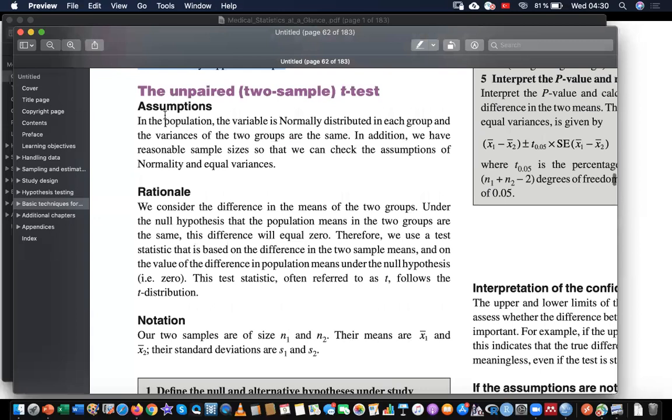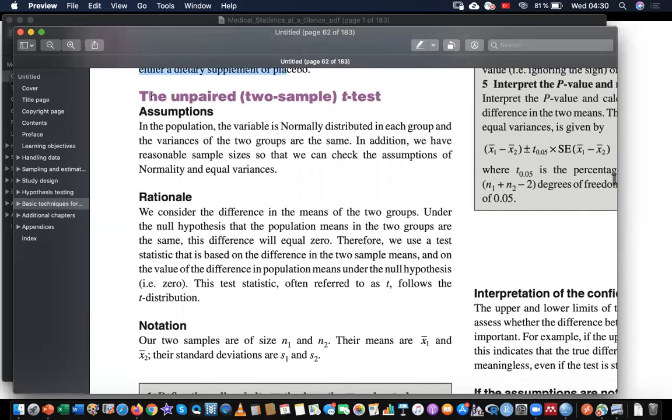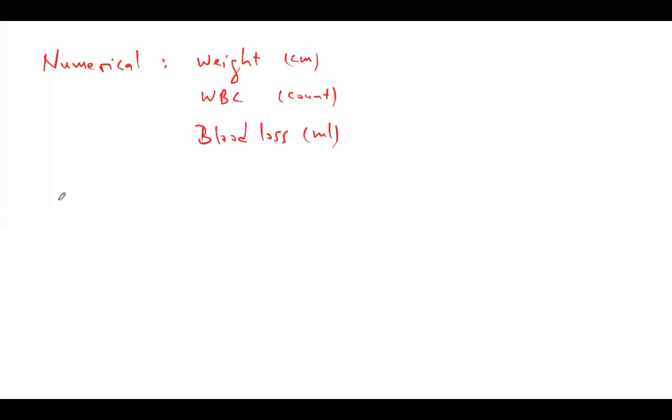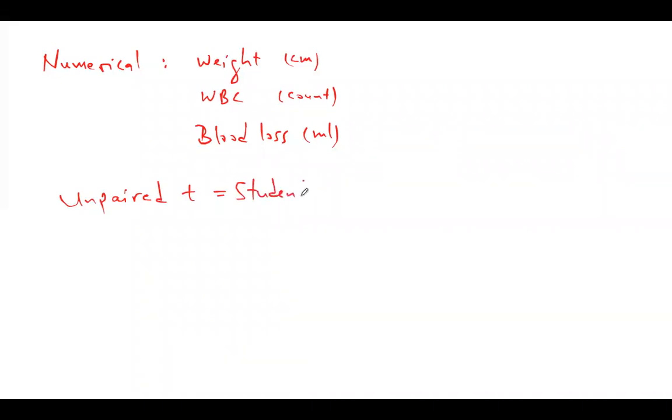You can imagine the assumptions to do the independent t-test, or the other name was what? Student's t-test.